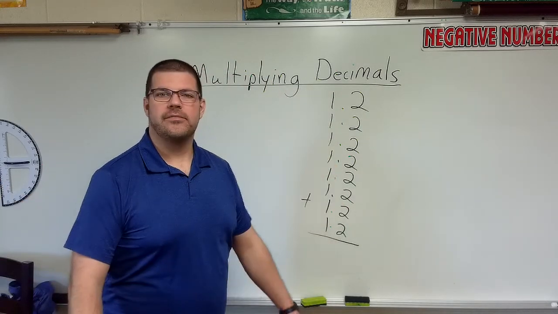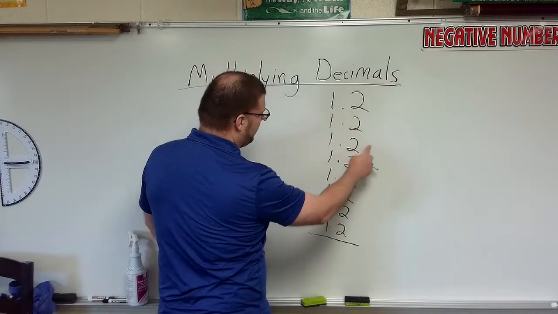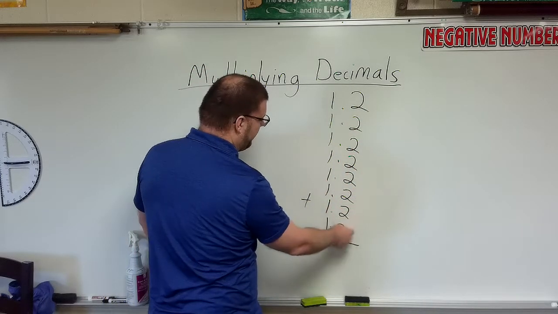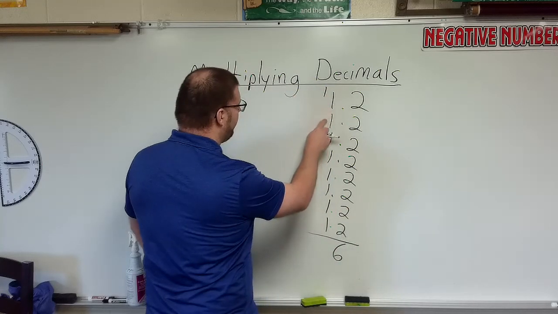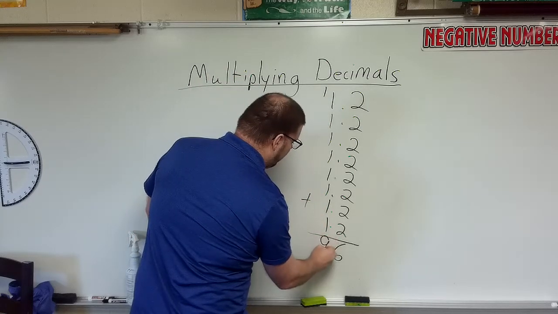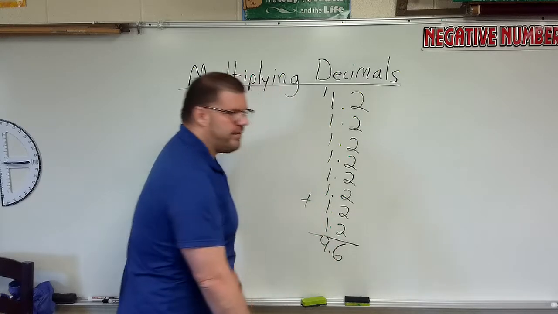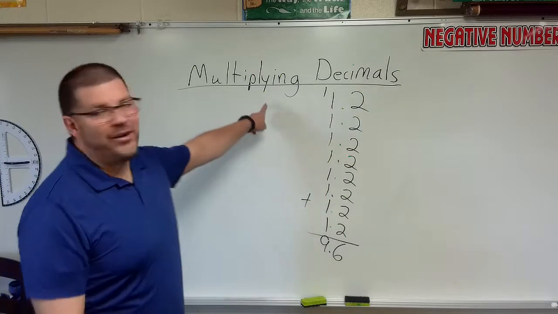It works, but it takes a lot of time. 2, 4, 6, 8, 10, 12, 14, 16, a 1 up, a 6 down, 1, 2, 3, 4, 5, 6, 7, 8, 9. 9.6. It works, but we're multiplying today.